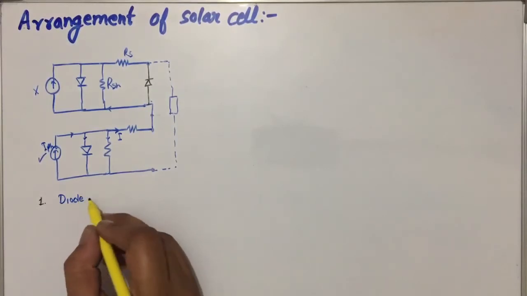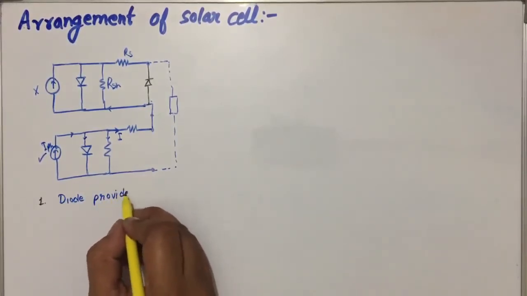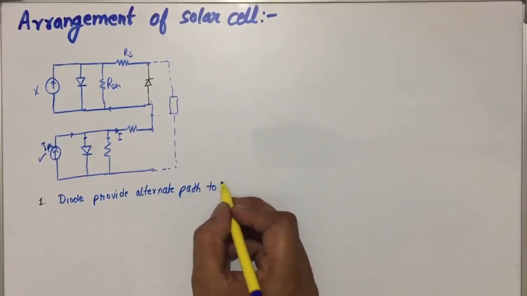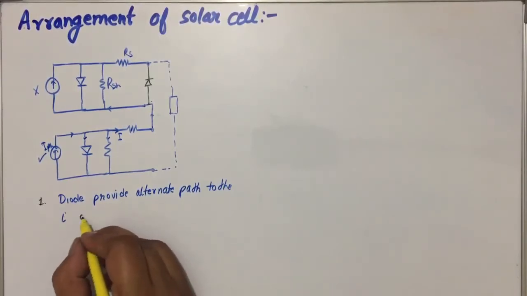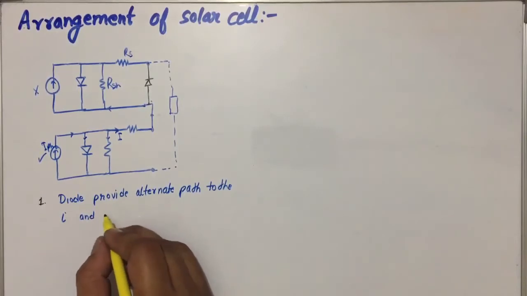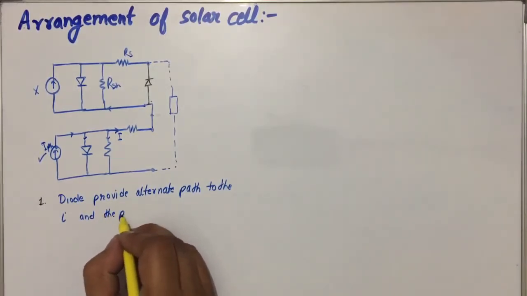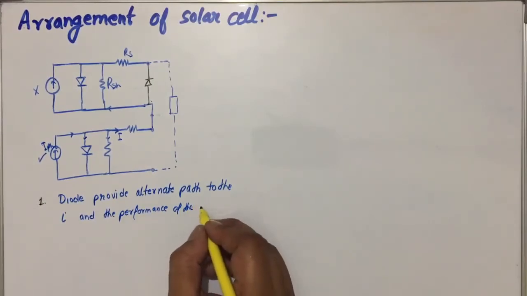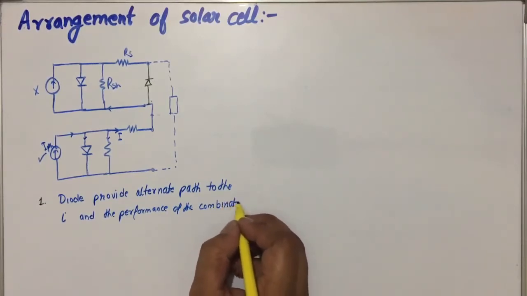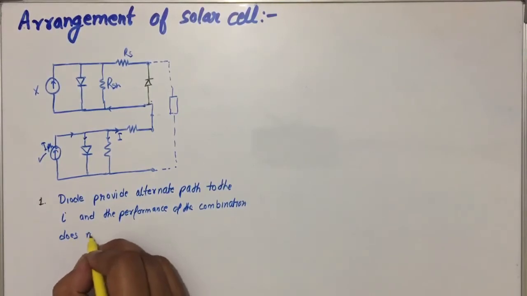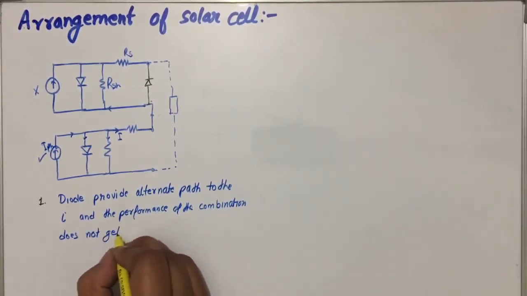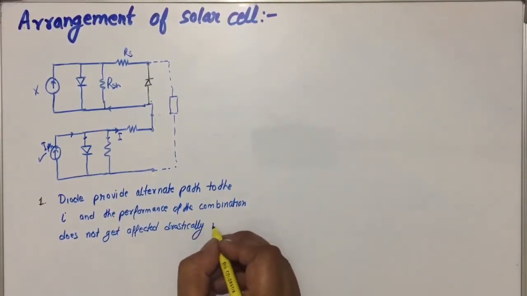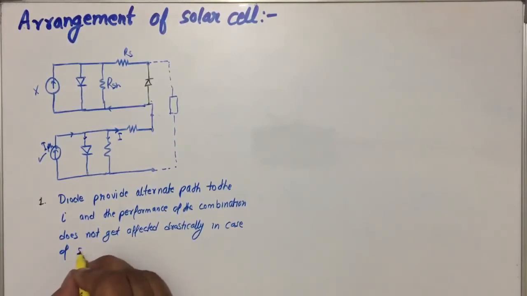We can write: diode provides alternate path to the current, and the performance of the combination does not get affected drastically in case of partial shading.